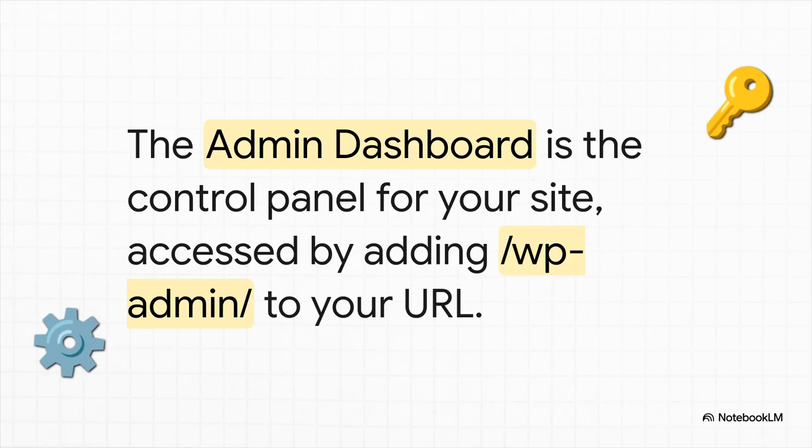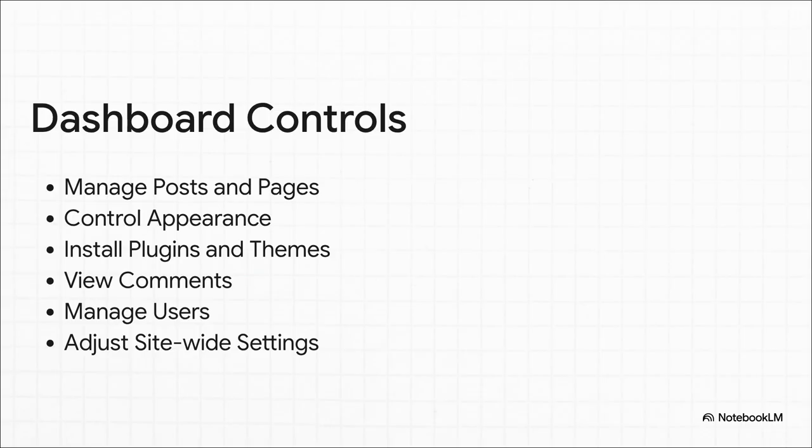It's a really user-friendly dashboard that puts you in complete control. Right from this one spot, you can write new articles, change your site's entire look and feel, approve comments from visitors, install new plugins and themes, and crucially, manage everyone who has access to your site. It really is the single source of truth, the master control for your entire digital property.